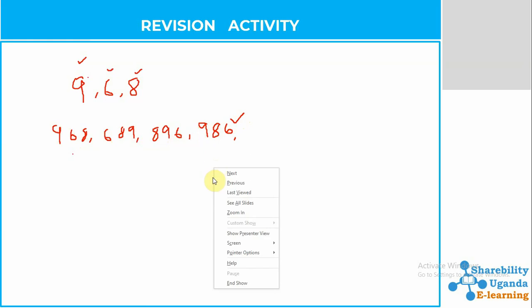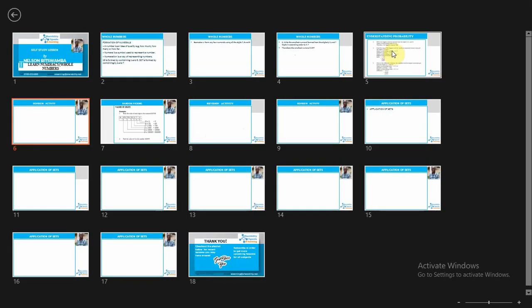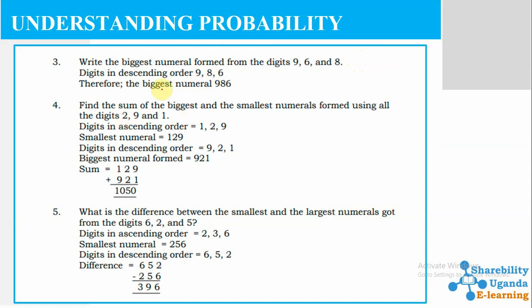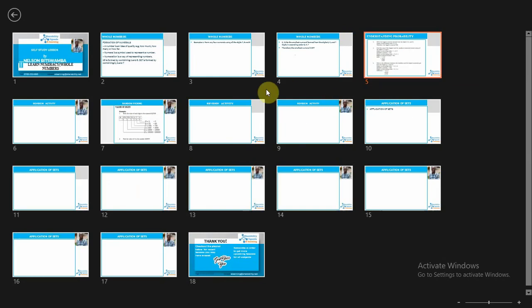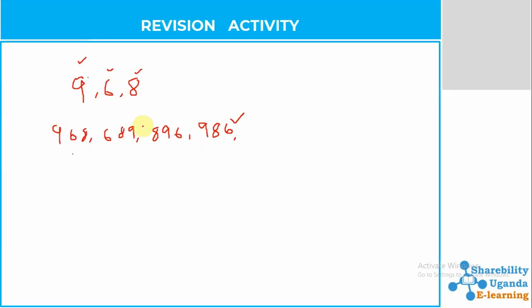So also when you look at this, that they were able to get, you can see that they got 986. So in simple terms, by this we shall have solved our number, getting the biggest.